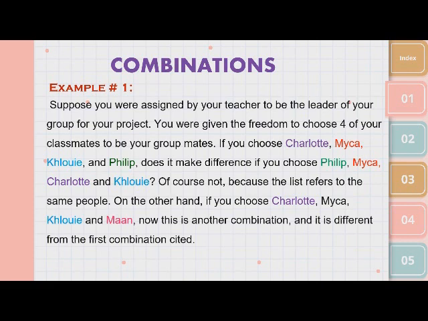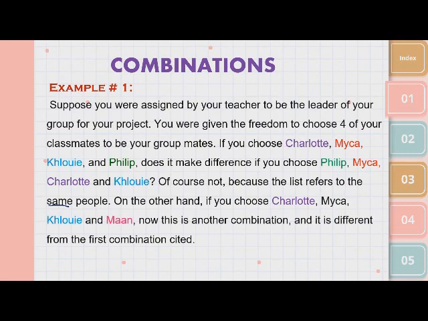Take note, they are just the same. So therefore, your combination or your selection is only one count. On the other hand, if you choose Charlotte, Micah, Chloe, and Maan, there is an addition here. Now this is another combination and different from the first combination cited. Okay, so I hope you got it.